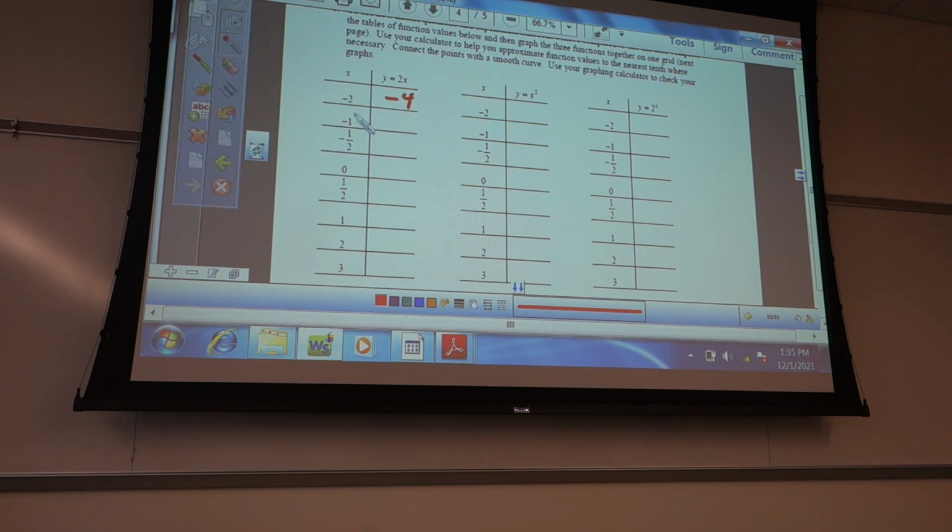We're just multiplying each of these by 2, doubling each one of these. Does everybody do that? Is this what everybody has?